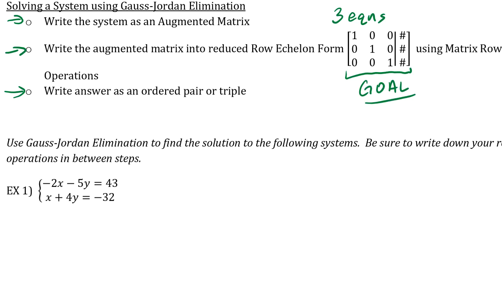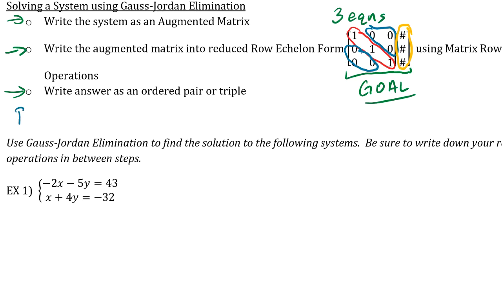At the end, we want our matrix to look like this, with 1s in the diagonal, 0s above and below those 1s, and then over here is going to be our answer. I'll show you how that works whenever we actually start the examples, but just keep in mind that this right here is what we're trying to turn our matrix into.